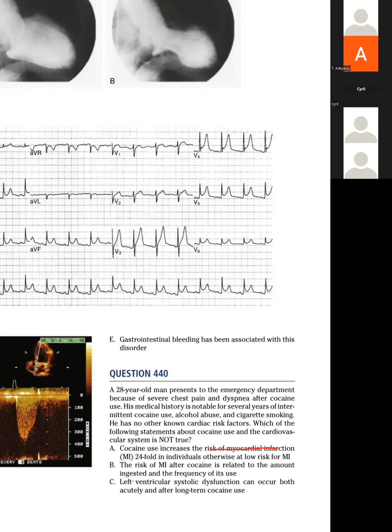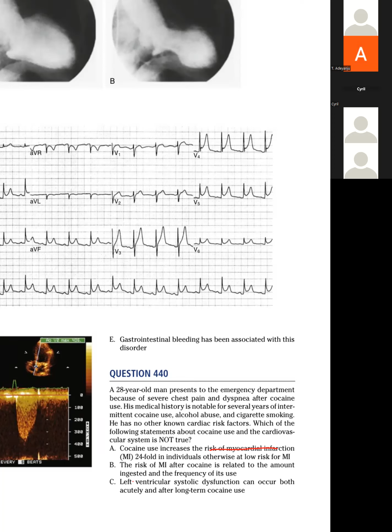What I'm trying to bring out is that I'm not sure whether the frequency of his use affects it. I think it's more related to the amount. I'm not sure, but that's what I think. He took a large dose and that happened. So that's just what I want to bring out there. But I don't know whether there are any other contributions. Thank you.